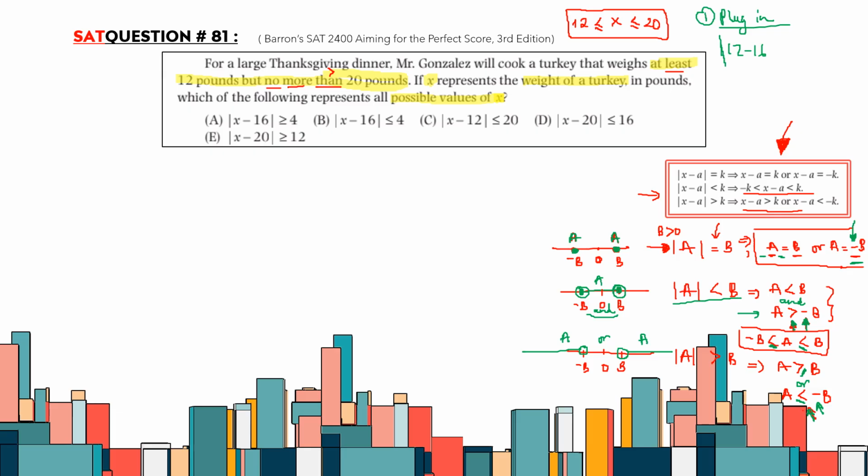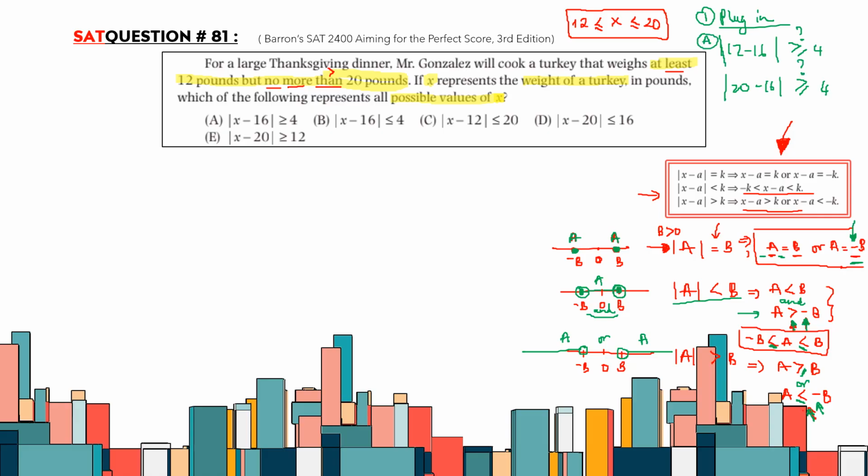Let's do it longer. And ask yourself, is it greater than or equal to 4? Then you plug in 20 minus 16. Is that greater than or equal to 4? This is choice A.